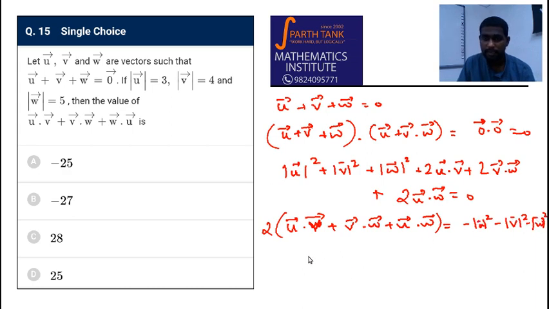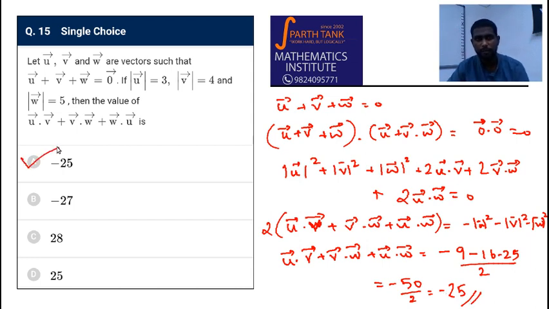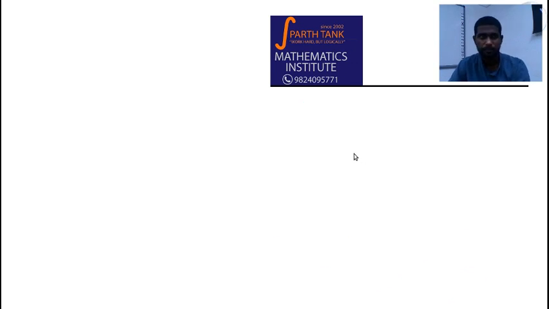Now the right hand side is known, and take this 2 to that side to get u dot v plus v dot w plus u dot w equal to minus 9 minus 16 minus 25 upon 2, or minus 50 upon 2, which is minus 25. So the answer is minus 25. Very simple problem. Just square it and then you get the answer.